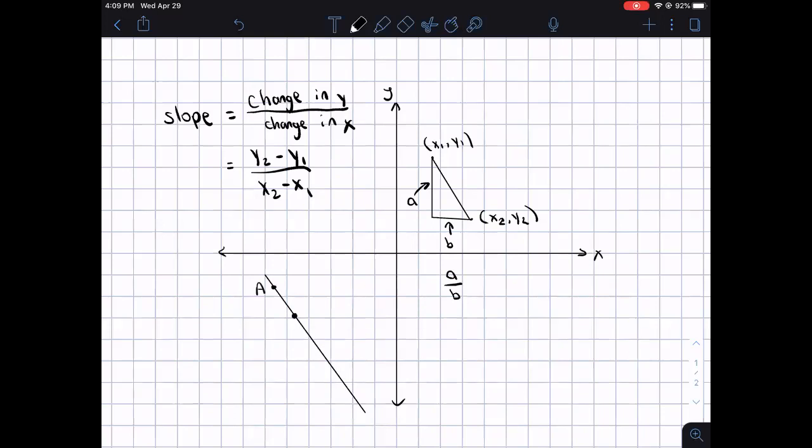So if we choose this as A and B, or we choose C, D, the slope between AB is equal to the slope between CD. And this is the same with parallel lines, and we're going to cover this later.